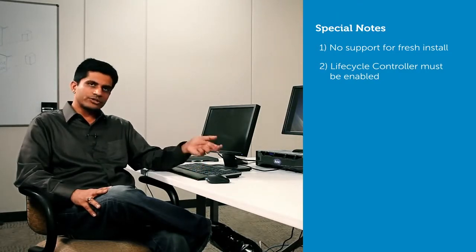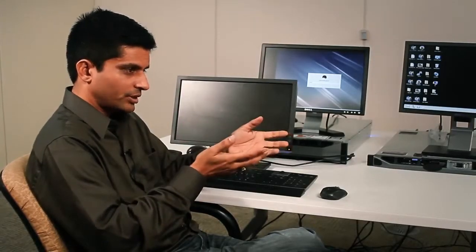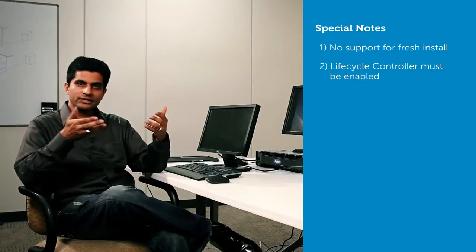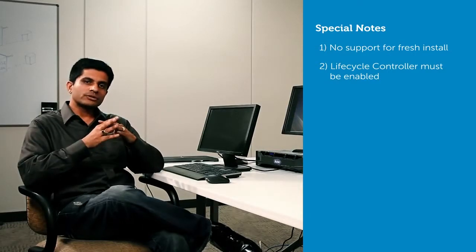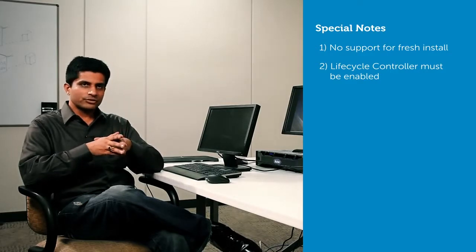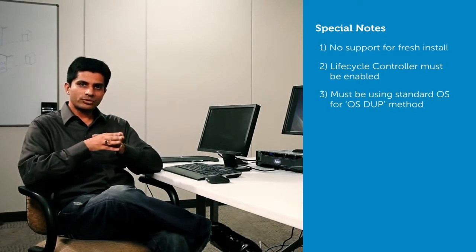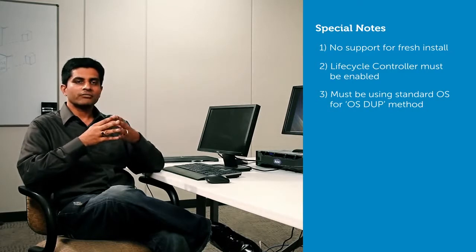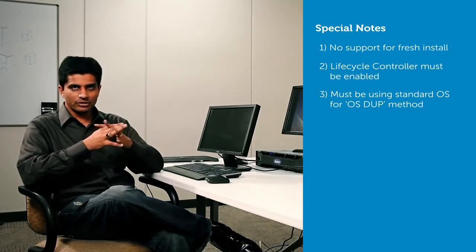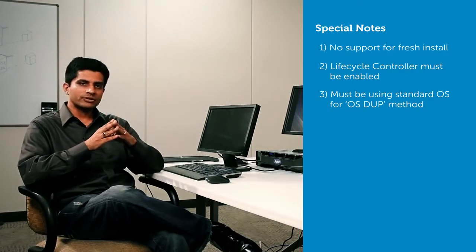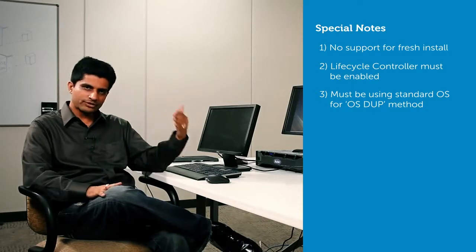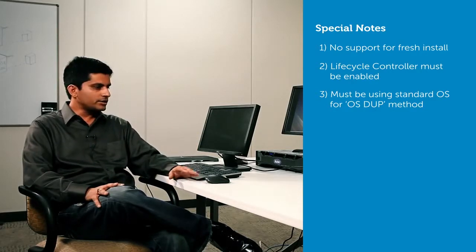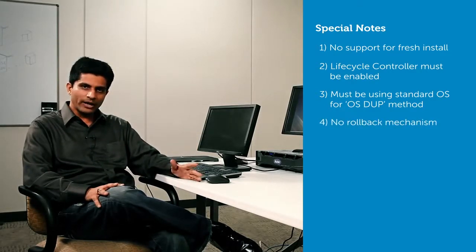Let's talk about OS dupe special notes. The dupe that we are using is the standard Dell dupe that is used for BIOS, iDRAC, LC and others, and those dupes rely on drivers that are already in the Dell supported OSs. So if you want to use Identity Module dupe through OS, you have to be using one of the standard Dell supported OSs. Both Linux and Windows versions are available. The other note is there is no rollback support.